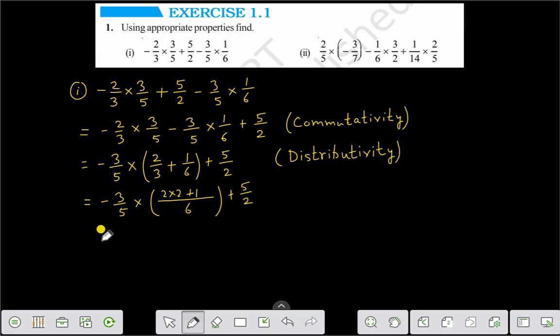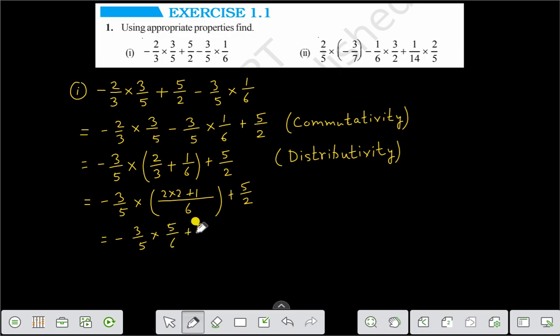Then we are getting minus 3 by 5 into 5 by 6 plus 5 by 2.